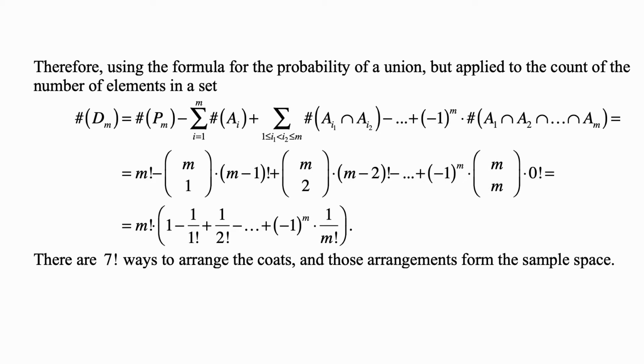The next one will have a plus with 4 intersections, and so on, and the last one will be negative 1 to the m times the number of elements in A1 intersection A2 through Am.